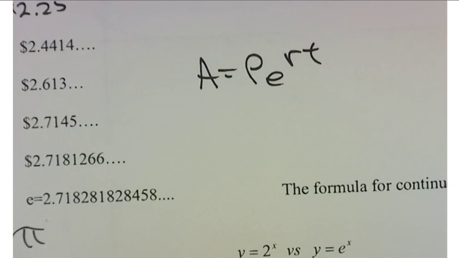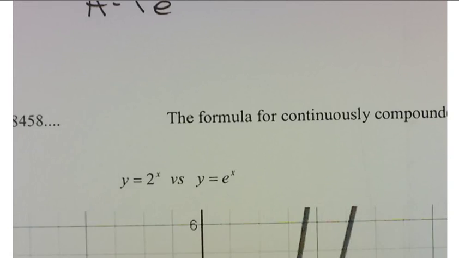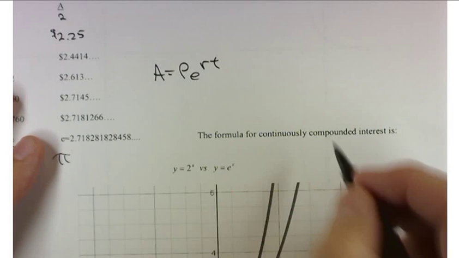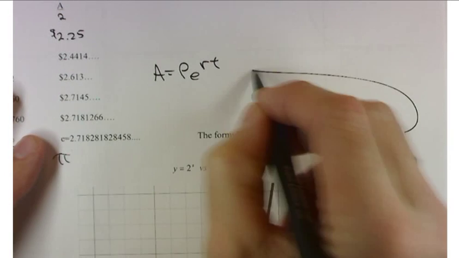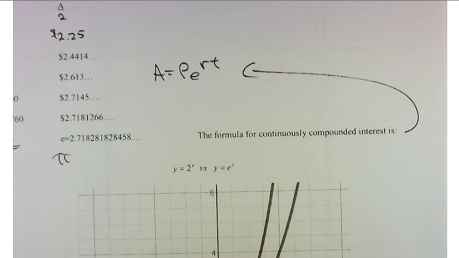This is the formula for continuously compounded interest. So right here. So if your bank's telling you, yeah, we're going to compound interest continuously, that's great. This is the formula that they're going to be using. So let's practice with that a little bit and try and get comfortable with the number e.